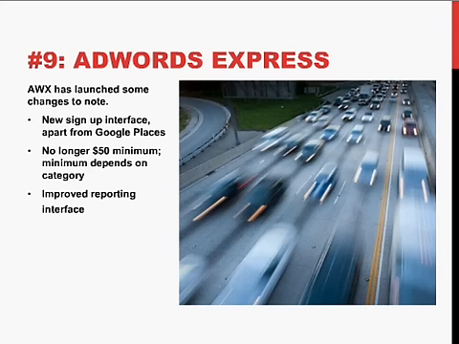It's basically the minimum is going to be calculated based on what category you want to bid in. I should probably take a step back for anybody who does not know what AdWords Express is. Google has two different ways that you can show ads. The first is the standard AdWords platform, which I've been talking about today.